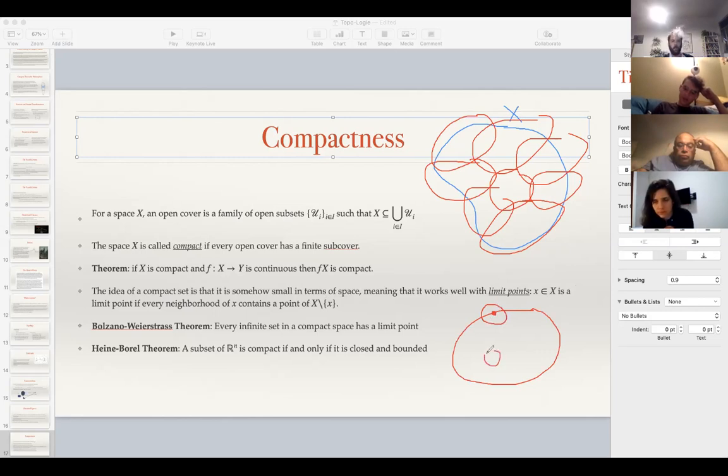Anything inside is a limit point too, because if it's in the interior, I can always take sets smaller. But something that's not going to be a limit point is, imagine if I have an open set here.